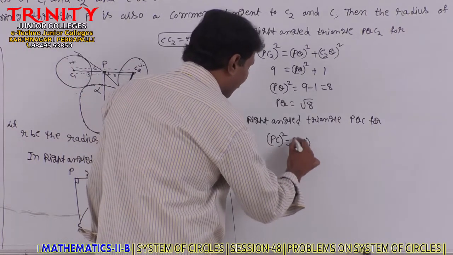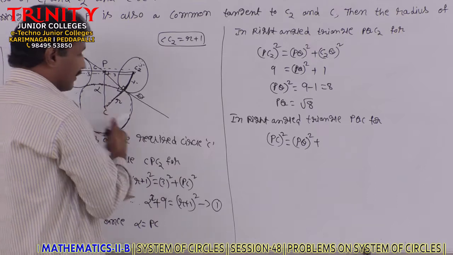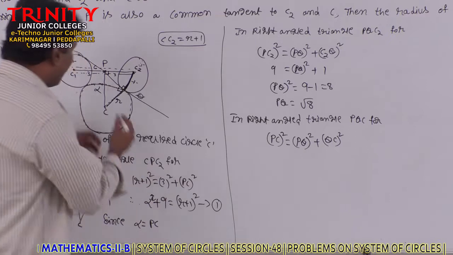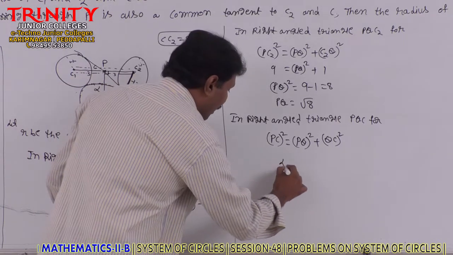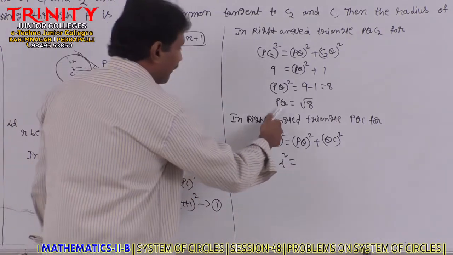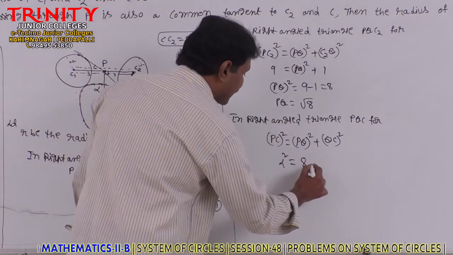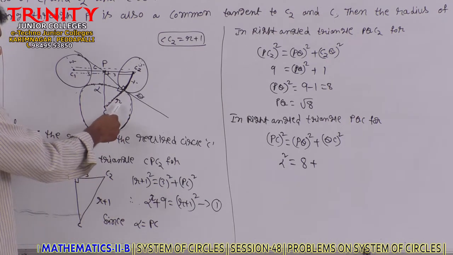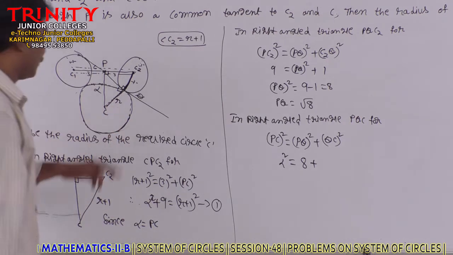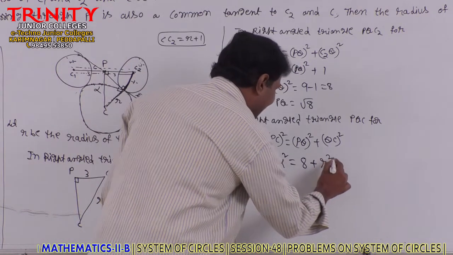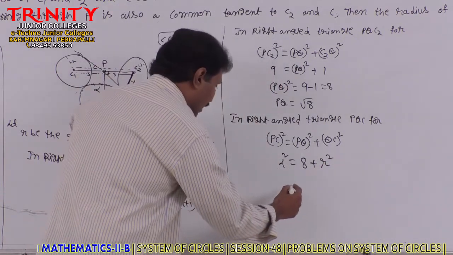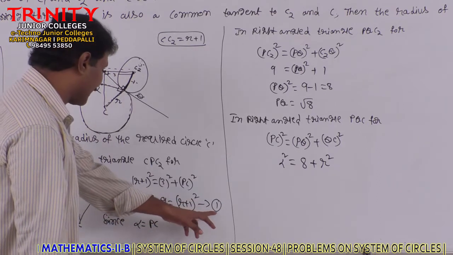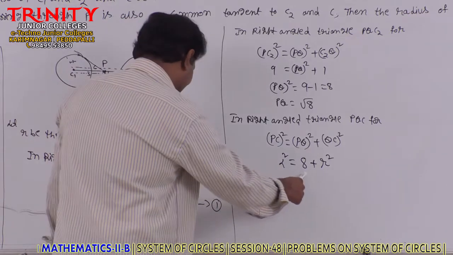We assumed PC is alpha, so alpha square equals PQ square, which is 8, plus QC square. QC is the radius, our required value r, so r square. Therefore, alpha square equals 8 plus r square. This is equation 2. Recall equation 1: alpha square plus 9 equals r plus 1 whole square.